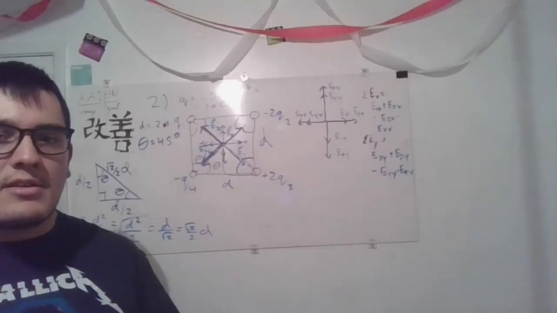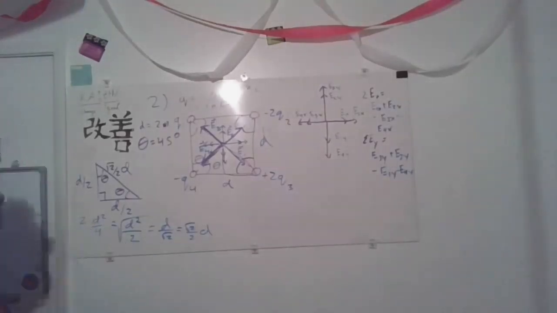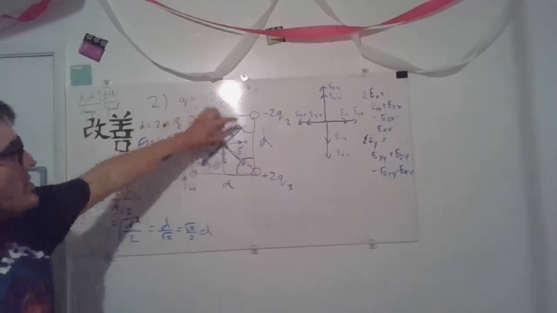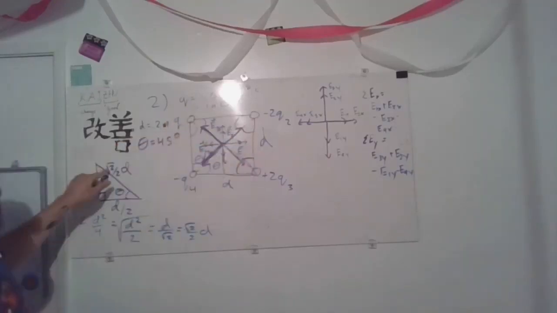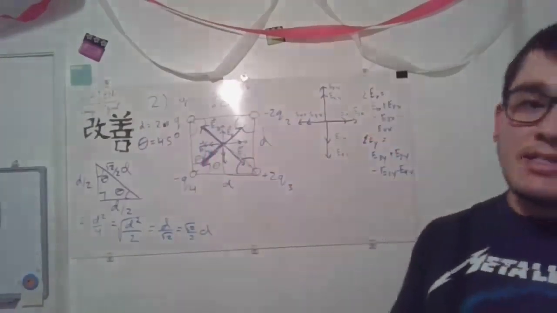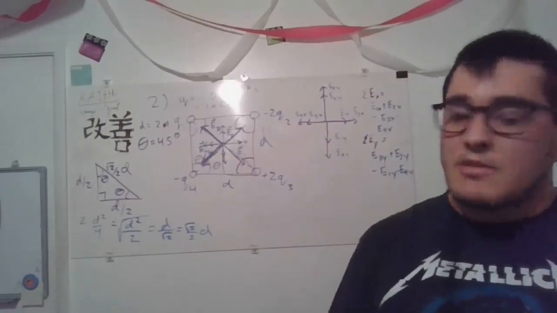It makes it a little bit more clear, so I don't lose any sig figs. So there you go. This is the distance from every point to the center, rad 2 over 2 times D. So literally every charge here has the same distance to the center, has the same cosine or sine. So this is going to be really easy.